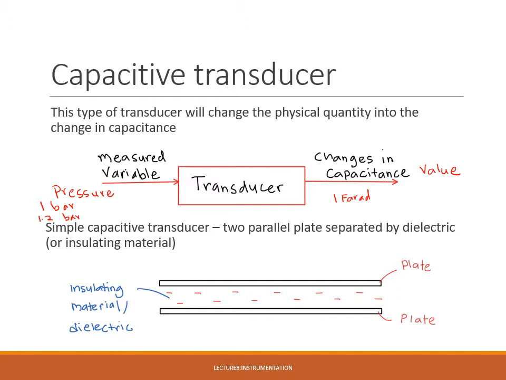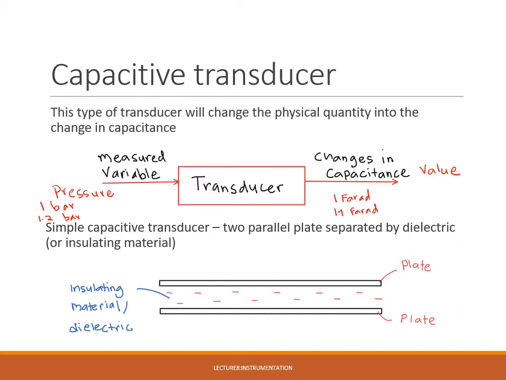So let's say it becomes 1.1 farad. What we need to understand here is that when our measured variable changes, it will cause a change in capacitance value. This is the basic concept for a capacitive transducer.